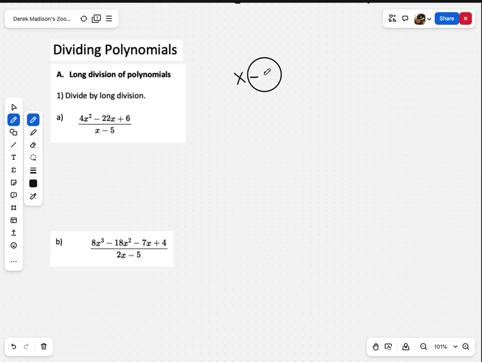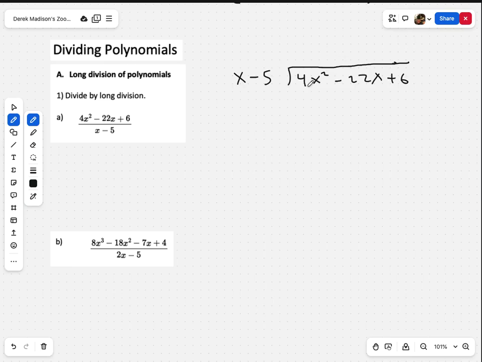So x minus 5 is going to divide into 4x squared minus 22x plus 6. Instead of going x divides into this like we would with numbers, maybe an easier way of looking at that is, what do I multiply x by to make it exactly 4x squared?